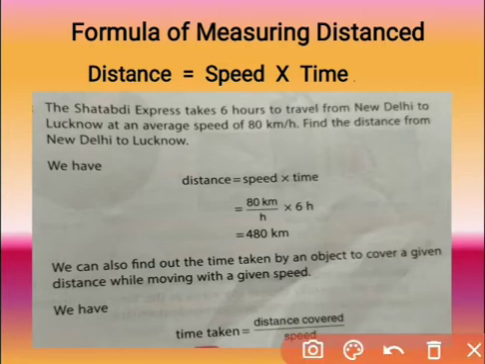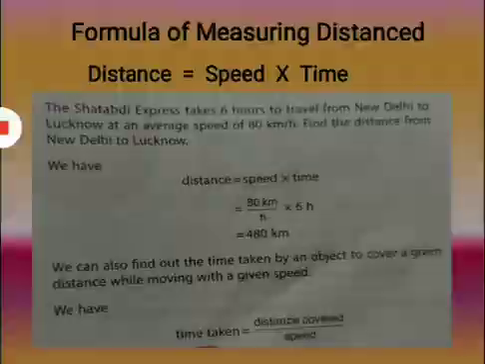So in this question we have time, that is 6 hours, and also we have speed, which is equal to 80 km per hour. Now let us put the values in the formula, and in this way we will get the total distance.